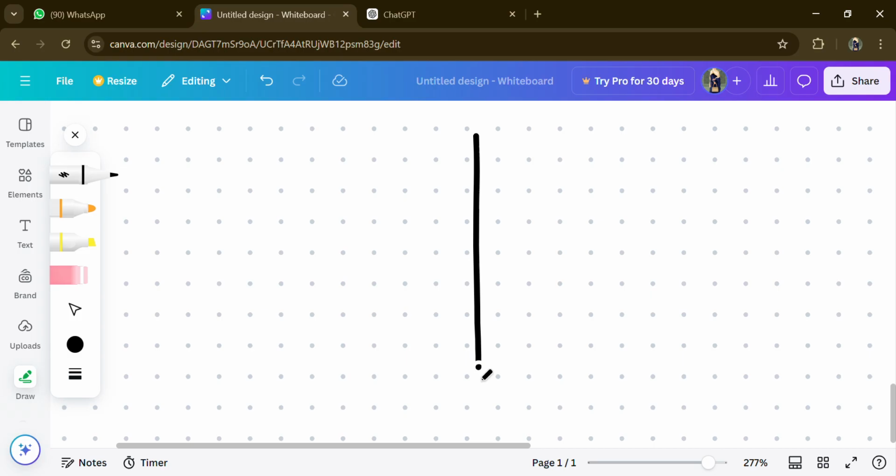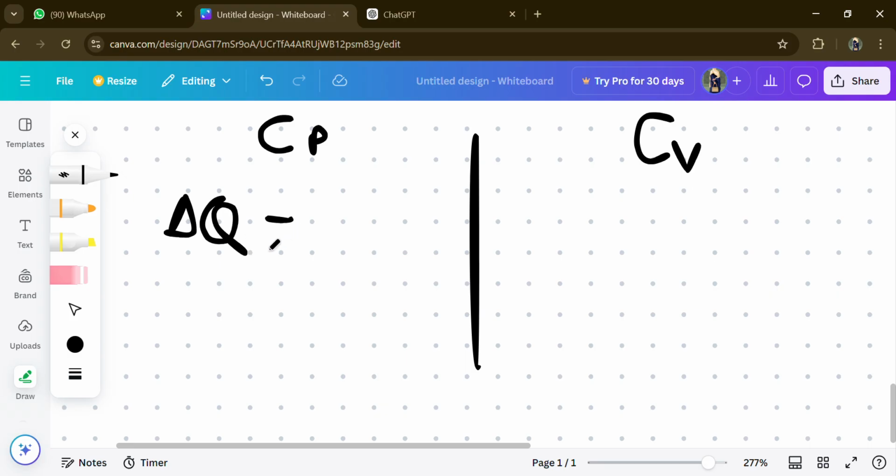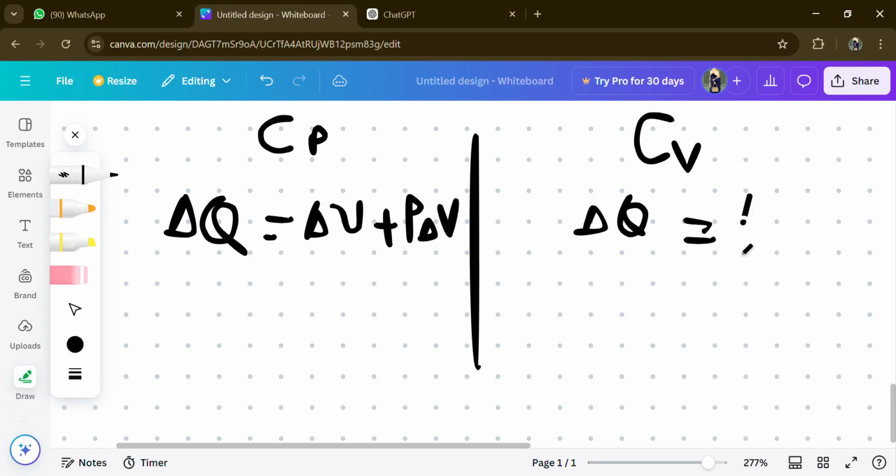Let me compare both situations. Here I'm writing Cp, here I'm writing Cv. Now we know the equation for Cp: the change in Q is equal to the change in W plus PV, delta V. And for Cv, the change in Q is directly equal to the change in U, right?